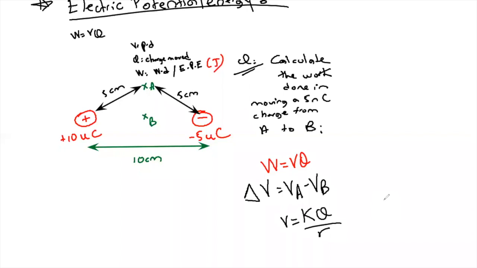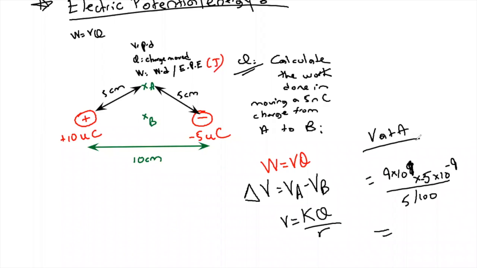I think we would get a potential of 9 into 10 raised to the power 9 into 5 into 10 raised to the power minus 9, divided by 5 divided by 100. Okay, guys, what's the answer here?